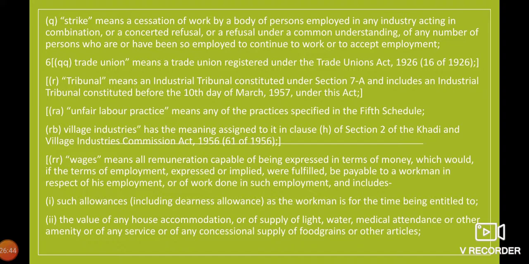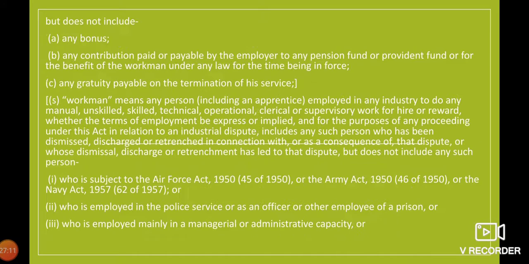And it also includes such allowances, including dearness allowance, as the workman is for the time being entitled to, the value of any house accommodation, or supply of light, water, medical attendance or other amenity or service or concession, supply of food grains or other articles, even that will be included in wages, right? Let's move further. But it will not include any bonus.